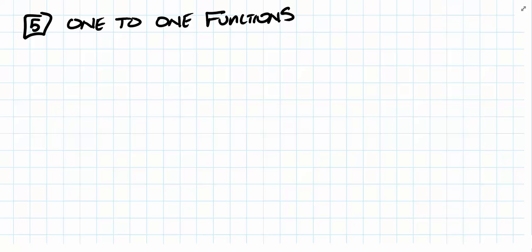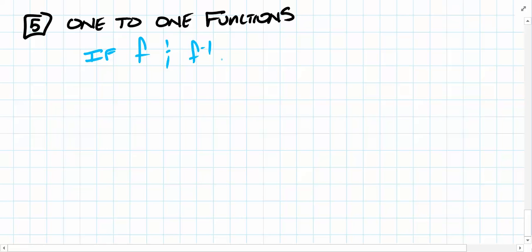It says this here. If f and f inverse are inverse functions, then here's what this means for us.